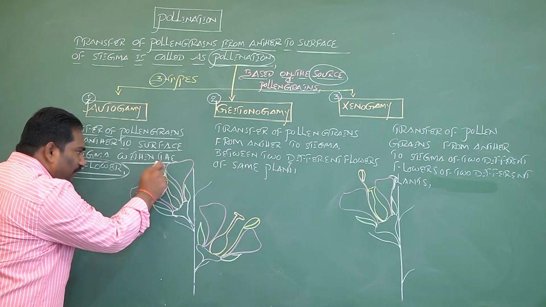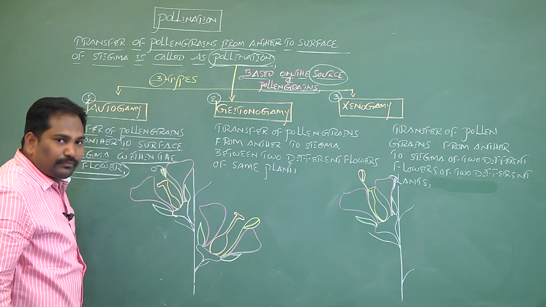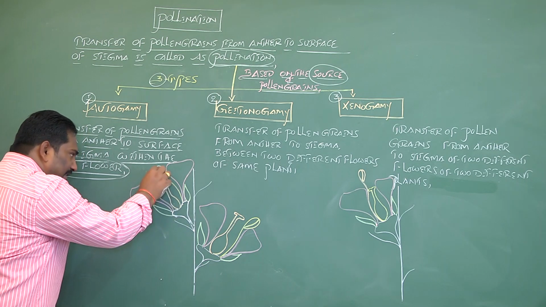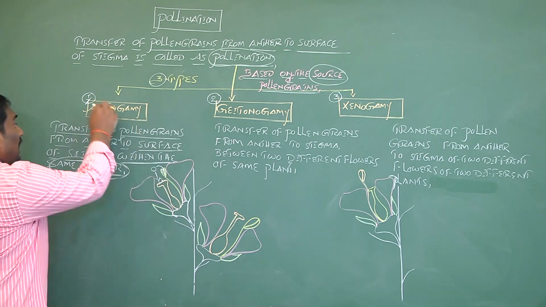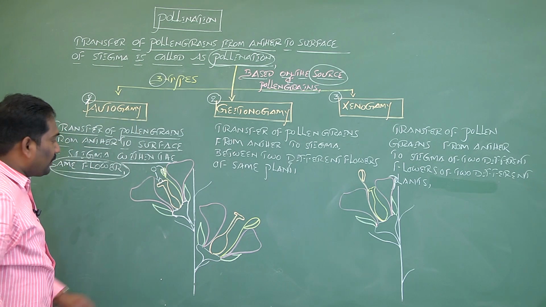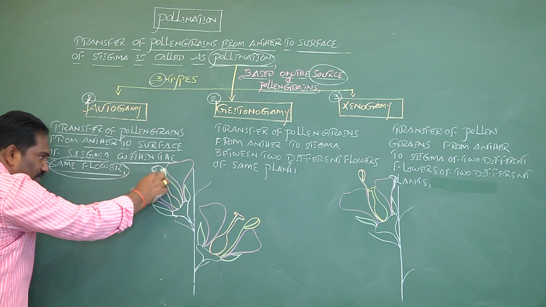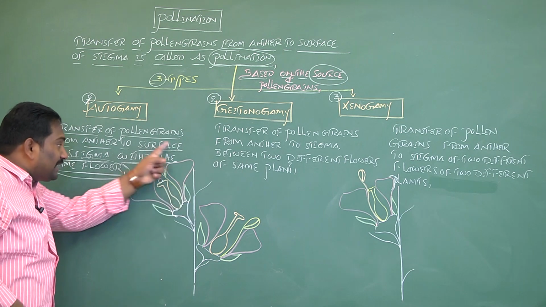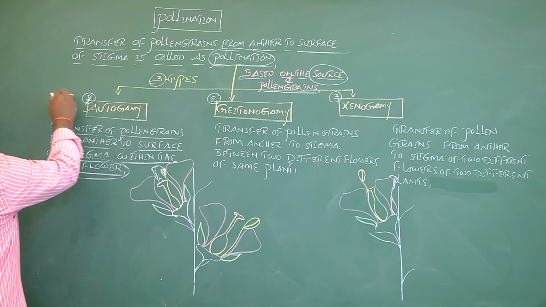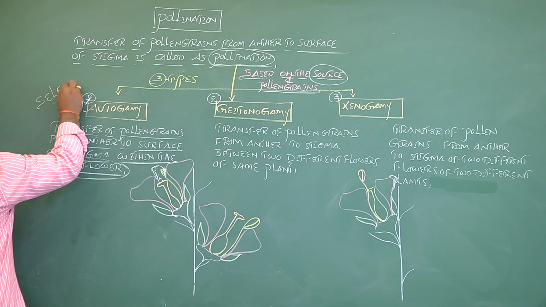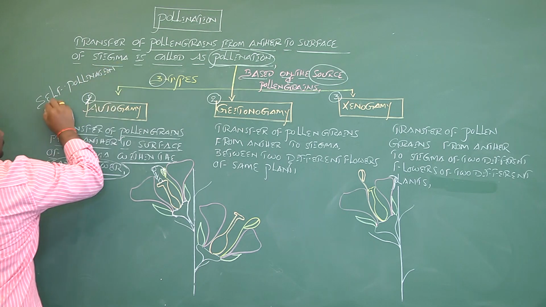At maturity, the anther wall ruptures and the pollen grains are released. If these released pollen grains land on the stigma of the same flower, it is called autogamy. Autogamy is also called self-pollination. Clear?